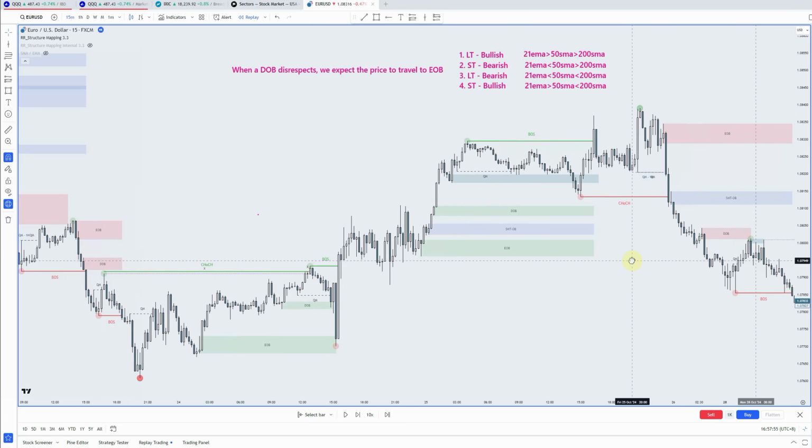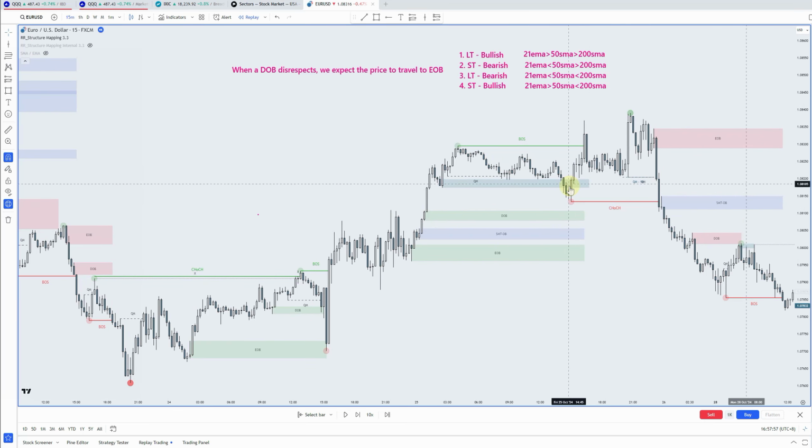Okay, so what are you looking for? You are looking for a sell here, because you are expecting that the price has disrespected and now I should look for sell until the extreme order block. This is the extreme order block. Why? Because everything is mitigated here.